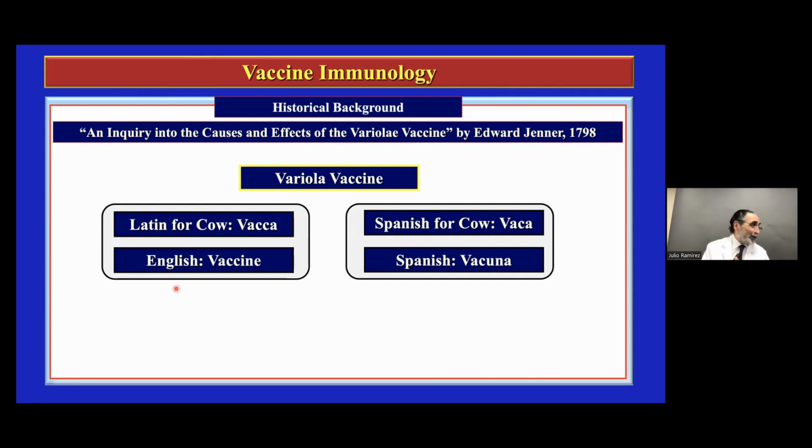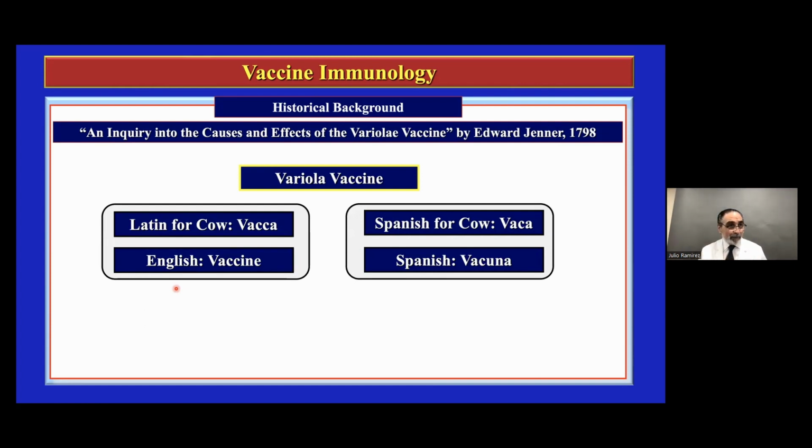In Spanish it is also vaca, with only one C, and vacuna. But the idea was that something coming from the cow was very good for us. Because this was a cow thing, a vaca, we were giving you vaccination. We are inoculating you with cow stuff that is good. And I may say that this is the beginning of the vaccine.